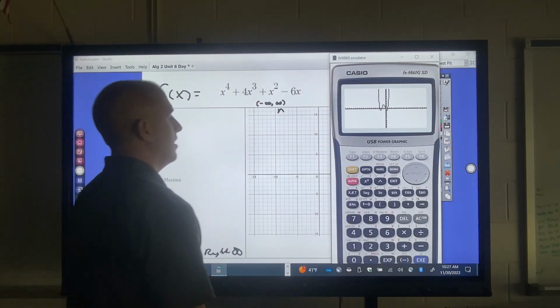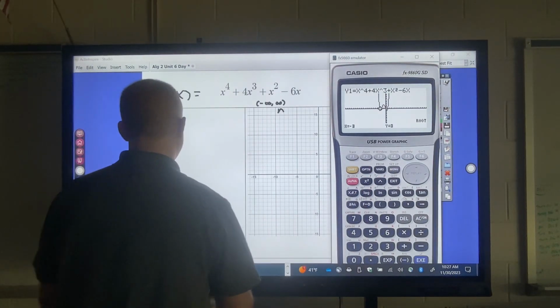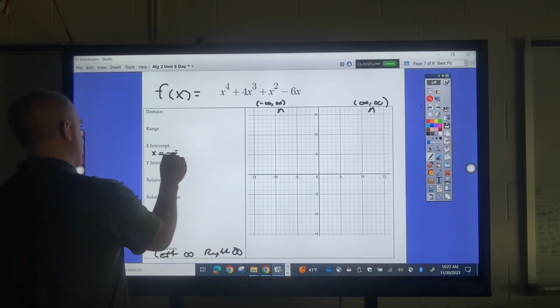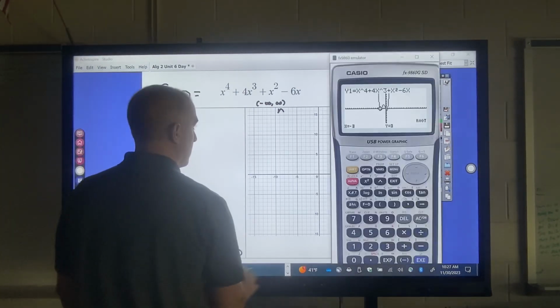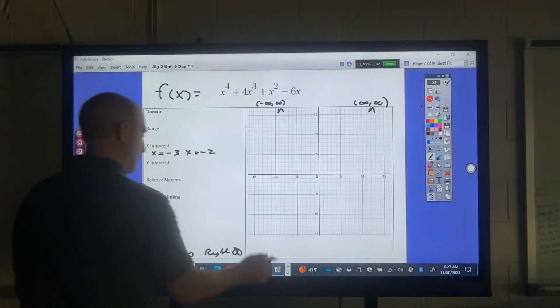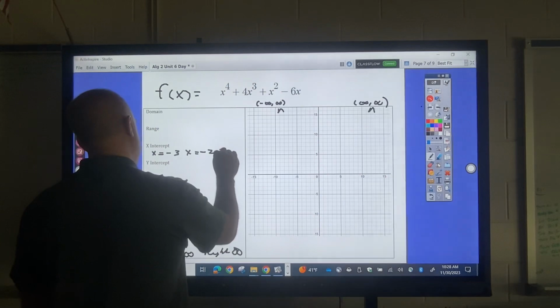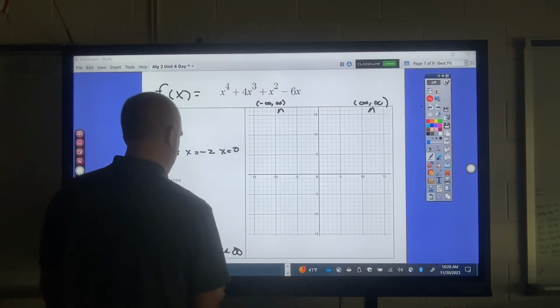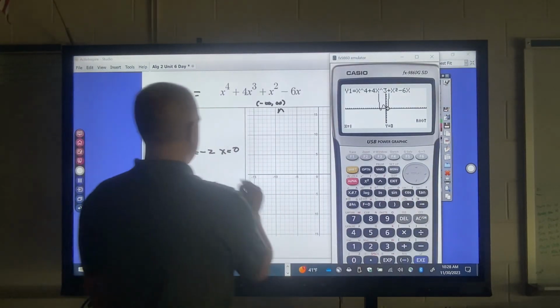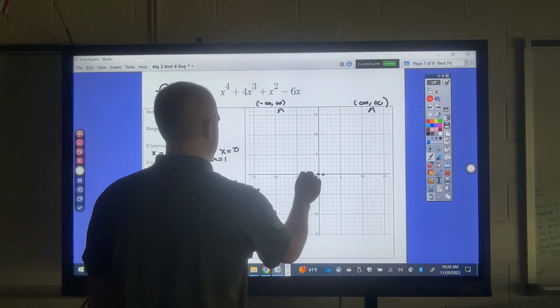Draw. Okay. All right. G-Solve root. I got one at negative 3. I got one at negative 2. I got one at 0. And I got one at 1. So I'm going to go ahead and put all these dots on here.